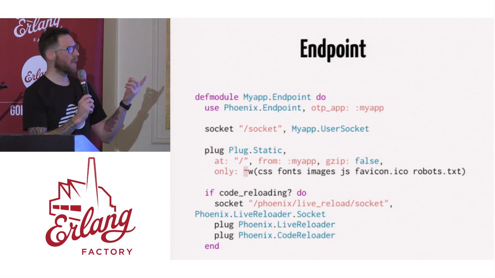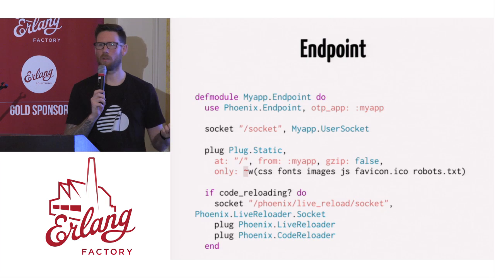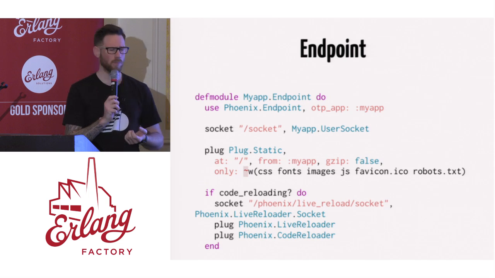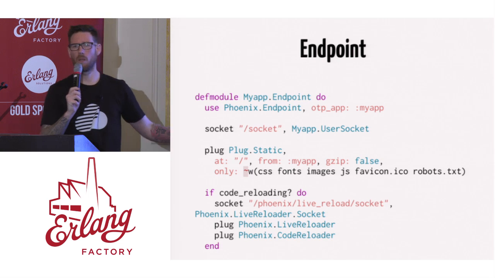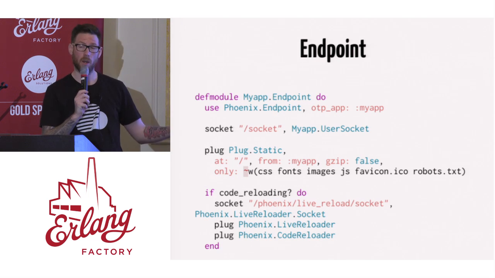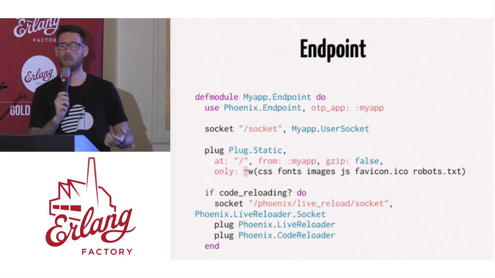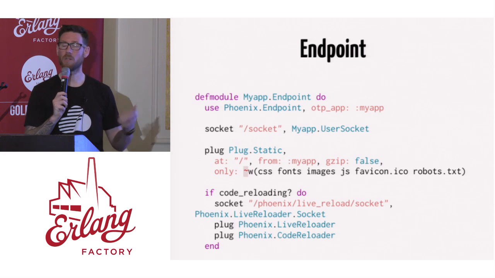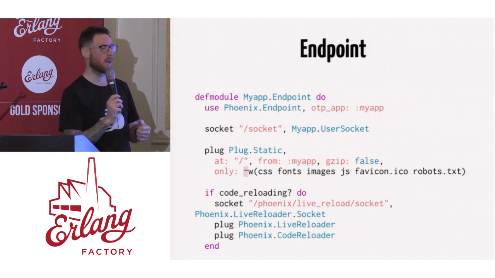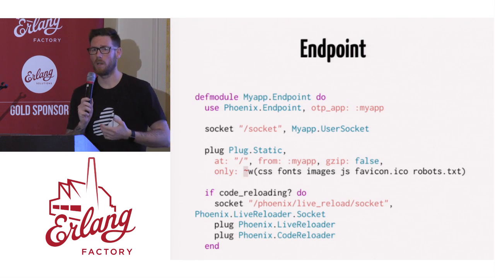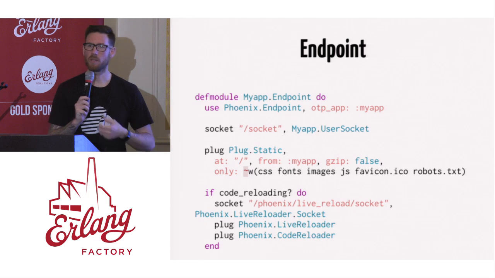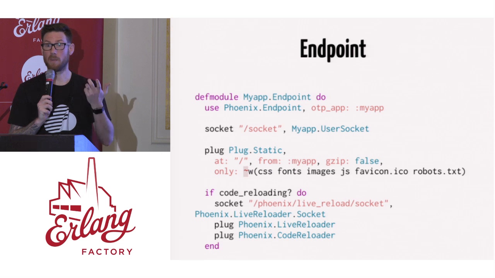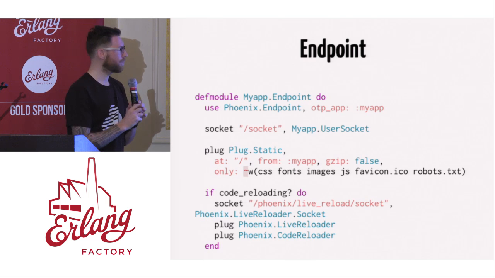And we made this very explicit through the endpoint. You have to plug every single thing that you want to do. And these are the ones that are generated for you automatically, but you can customize each thing. You can take stuff out that you don't need. You can put stuff in that you want extra to happen on every single request. And this just makes it very explicit, very easy to reason about what's actually going on in your application.